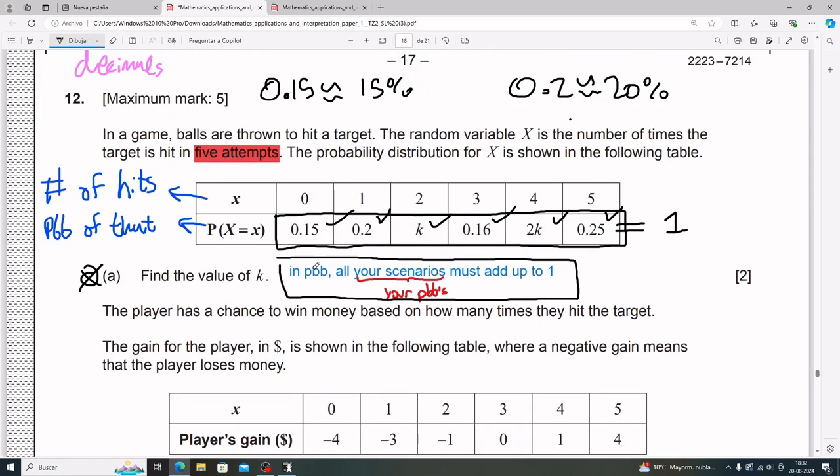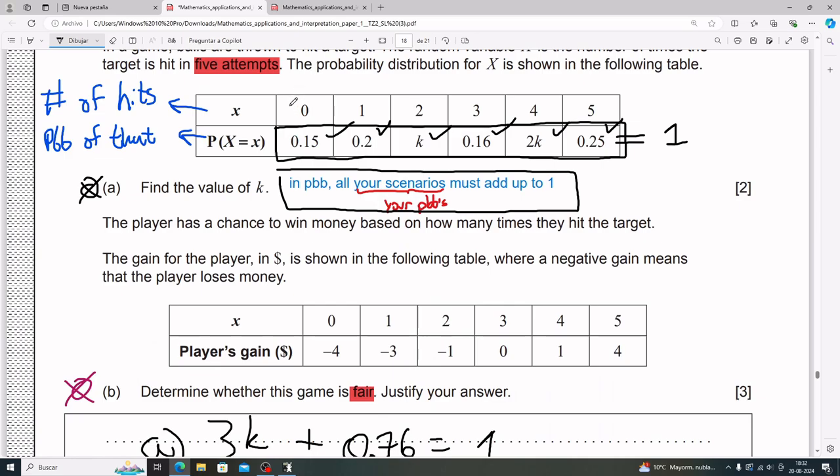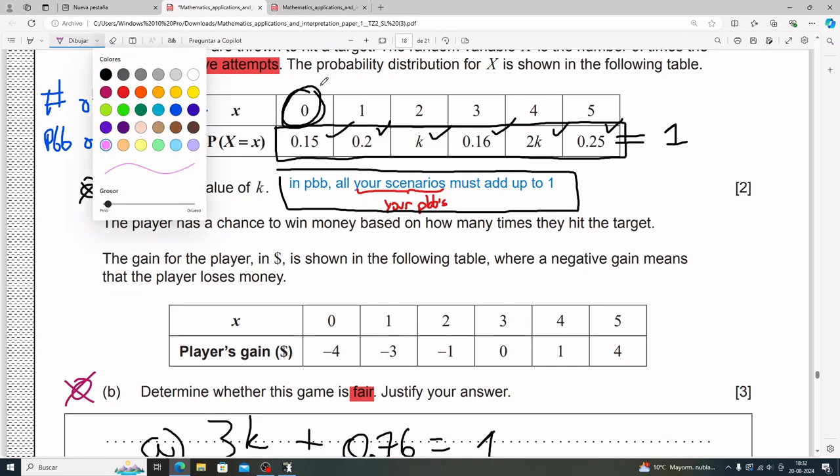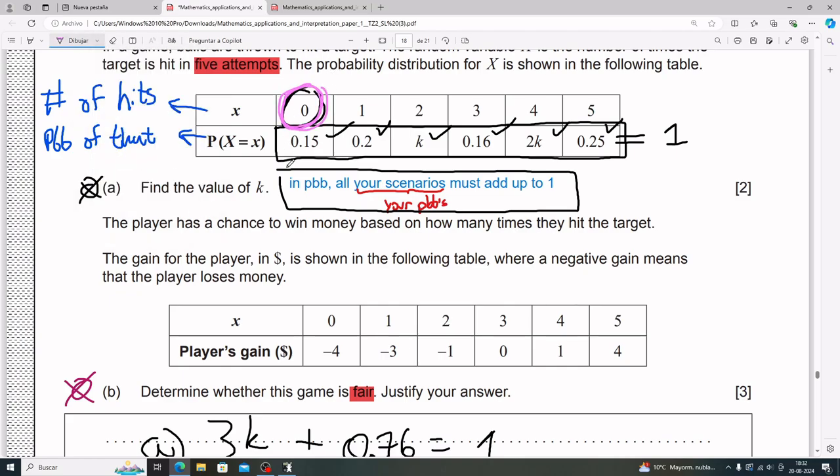So think about it this way. The probability of landing 0, and really focus on this part, this is the biggest part, the probability of landing 0 is 15%. And if you land 0, which has a 15% chance, you have to pay $4. So you can also think about it this way.